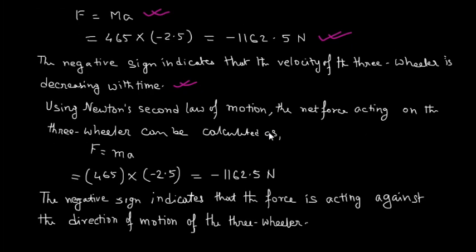Put the value of m as 465 and a as minus 2.5, and therefore the retarding force is equal to minus 1162.5 Newton. The negative sign indicates that the force is acting against the direction of the motion of the three-wheeler.